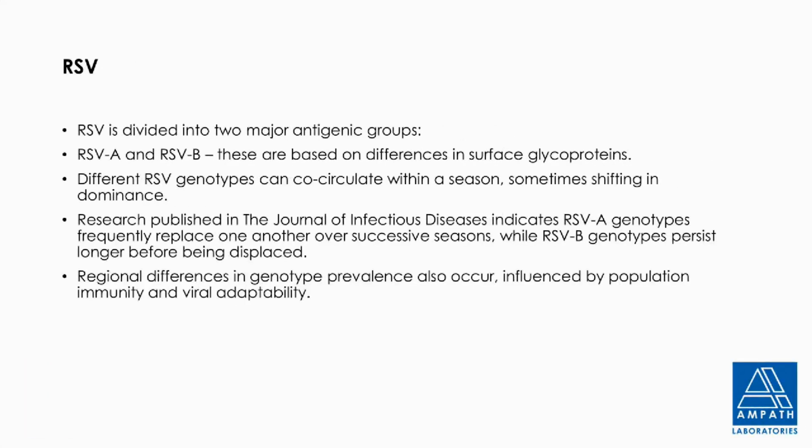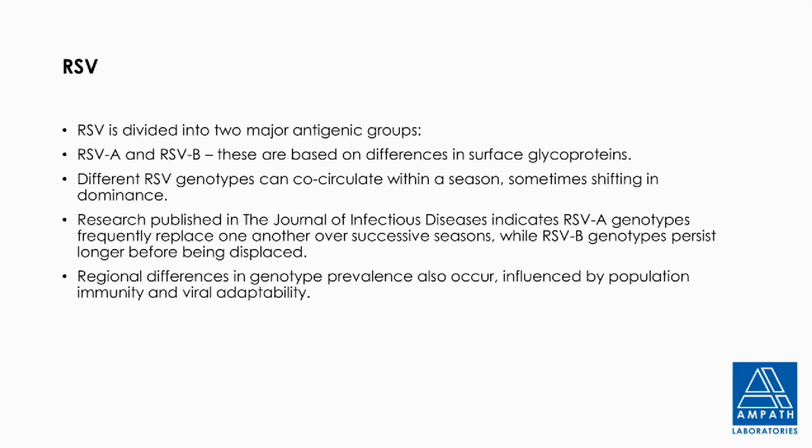As mentioned, the two major antigenic groups are your A and B, and the differences in the surface glycoproteins, which I showed you earlier, and we'll have another slide on that, is what speaks to their virulence and also to how the vaccine that has now been developed relates to this.